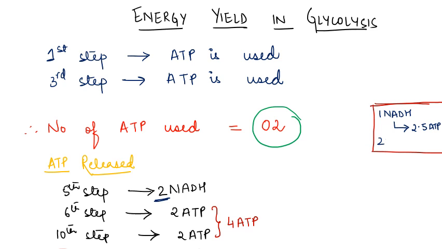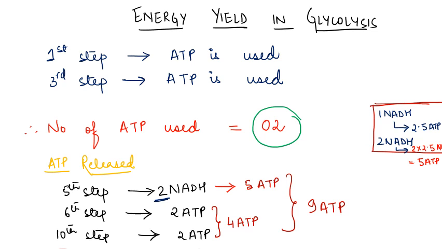So 2 NADH will release 2 into 2.5 ATP, that is equal to 5 ATP, right? So from 2 NADH we get 5 ATP. So total how much ATP are you getting? 9 ATP. So ATP released is 9 ATP.